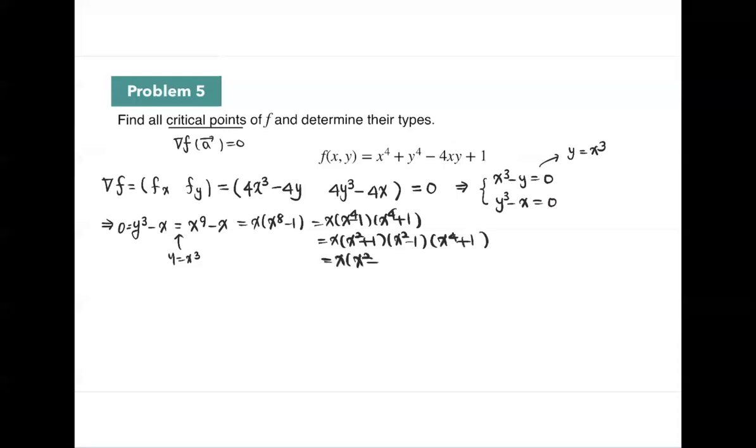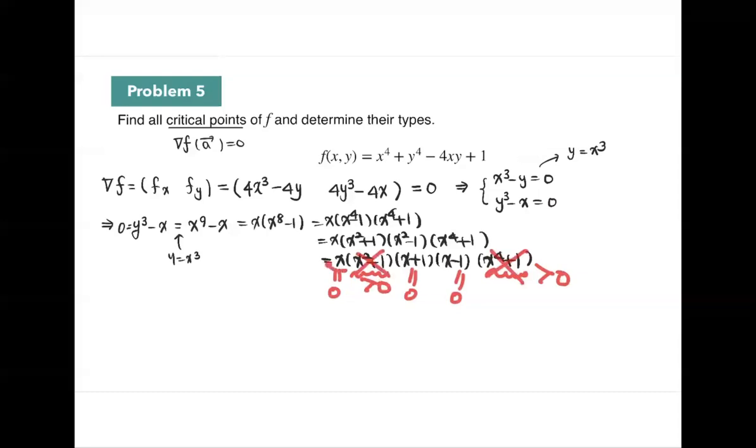Since the product is 0, we can say that x is 0, or one of the other factors is 0. The remaining terms are positive numbers, so they cannot be 0.